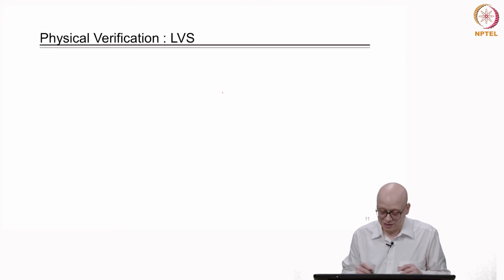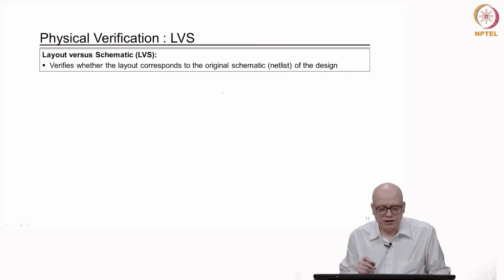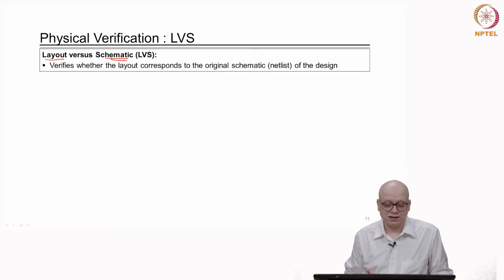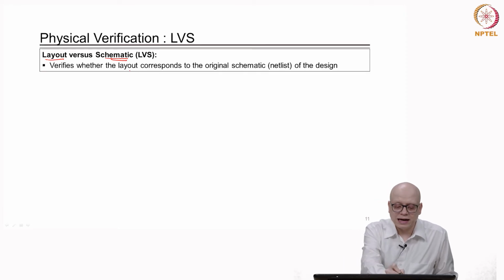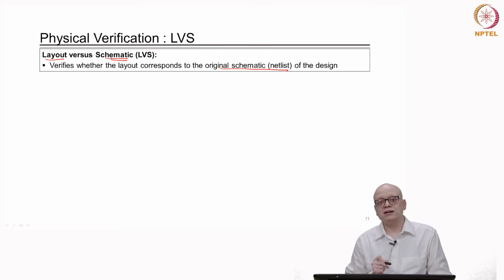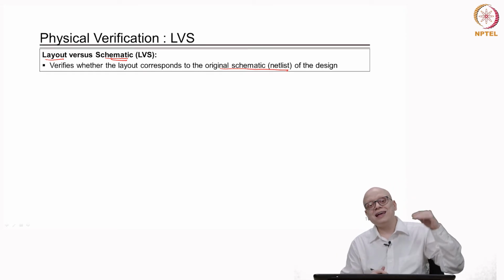Now, what is LVS? LVS is basically layout versus schematic check. It verifies whether the layout corresponds to the original schematic netlist of the design. So, we started physical design with the netlist.